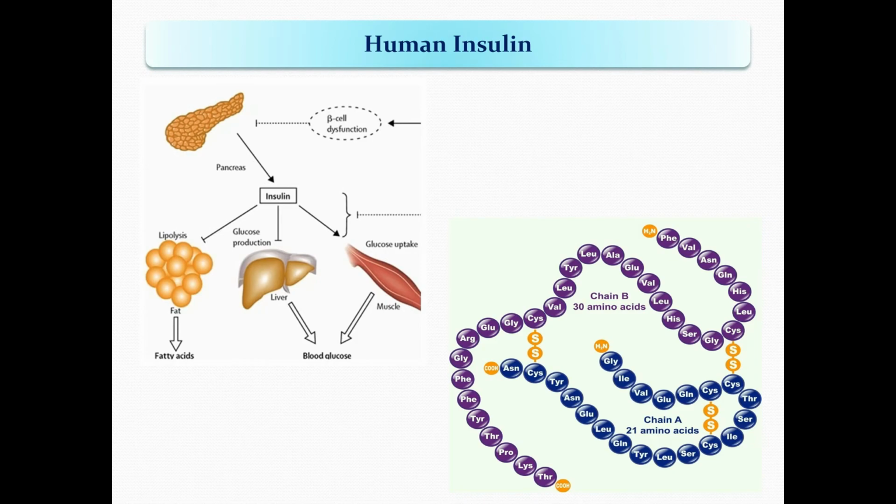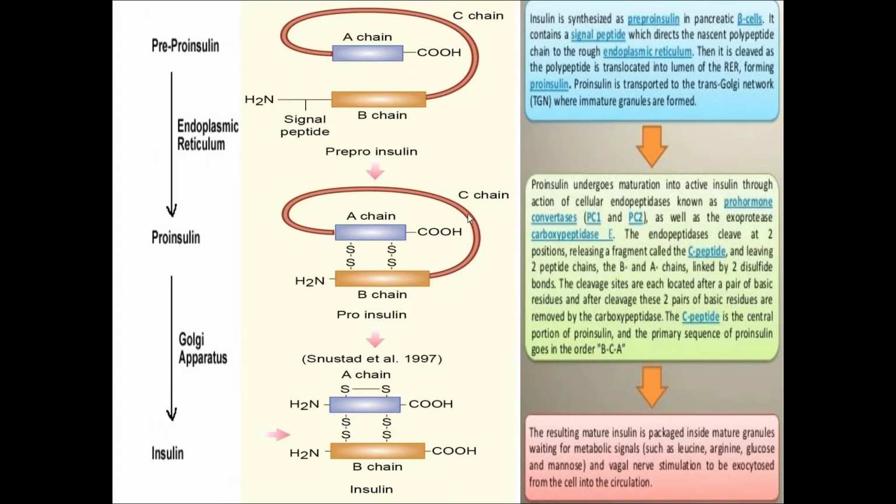The polypeptide chain synthesized by this technology is the precursor of the insulin molecule, and it is called pre-proinsulin. It consists of A and B chains that are linked by the C chain, and it is preceded by a leader sequence. The leader sequence is removed after translation of the protein.